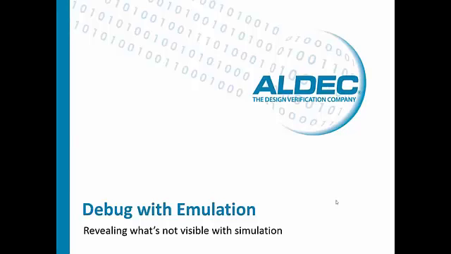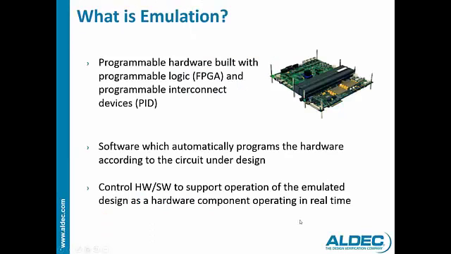Hi, everybody. So we're going to talk about debug with emulation. I'm going to start by saying what emulation really is. It's a combination of hardware and software, where the hardware employs FPGAs, programmable interconnect and control hardware and software to support the operation of the emulated design as a hardware component operating in real time.